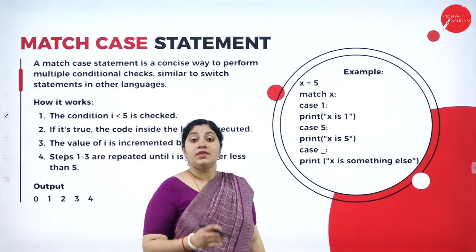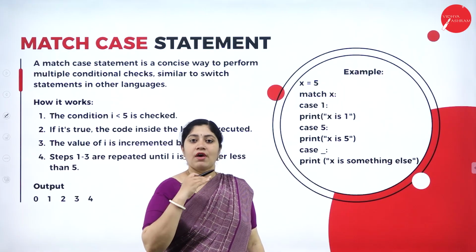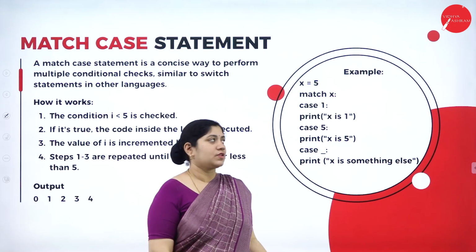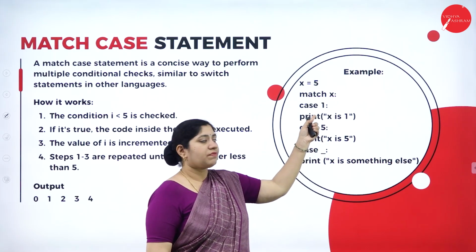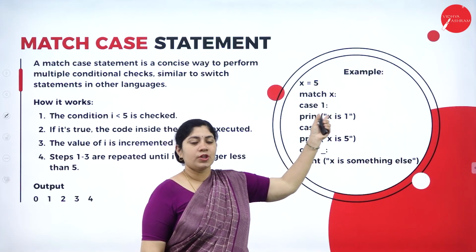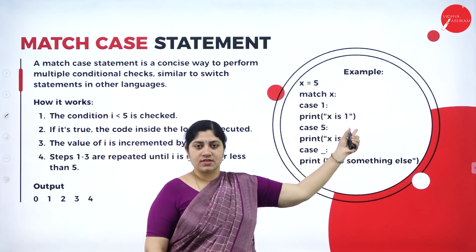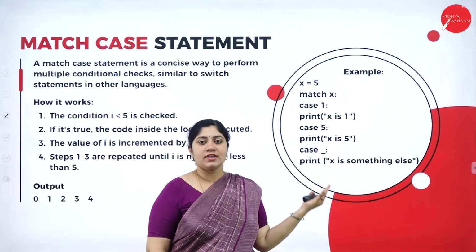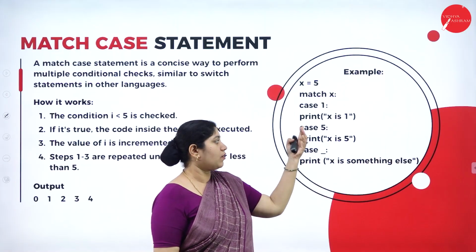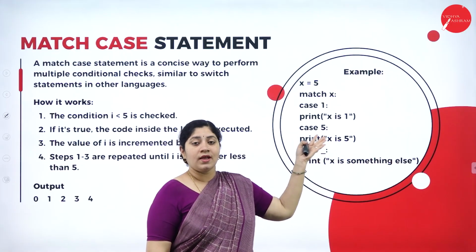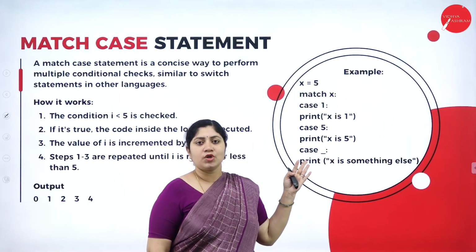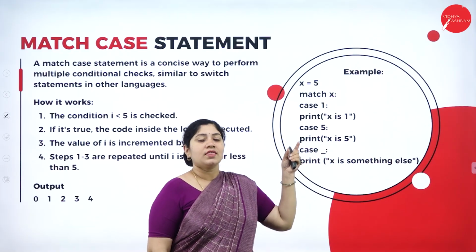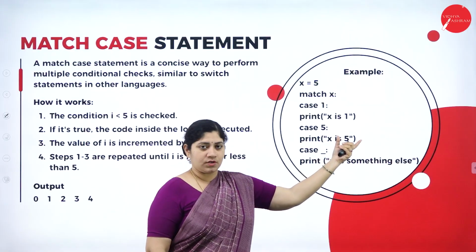All right. Now comes the case where we have multiple conditional statements. For example, we have considered case 1, wherein if case 1 goes true, then this statement has to be executed. If my case 1 is not satisfied, then I have to check my next case and verify whether it is satisfying the condition or not. If it is satisfying, then that part of the code will be executed.